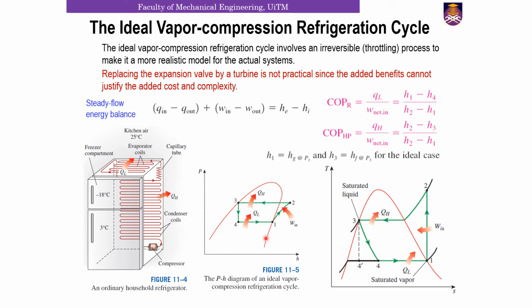Process 1 to 2, where work is required by the compressor as shown here, and then point 2 to 3 at constant pressure where heat is rejected, and point 3 to 4 at constant enthalpy, and then process 4 to 1 where heat absorption takes place at constant pressure again. So most of the time in our practice we will emphasize our TS diagram, but bear in mind that we also have PH diagrams that you can use to solve problems related to the ideal vapor compression refrigeration cycle.